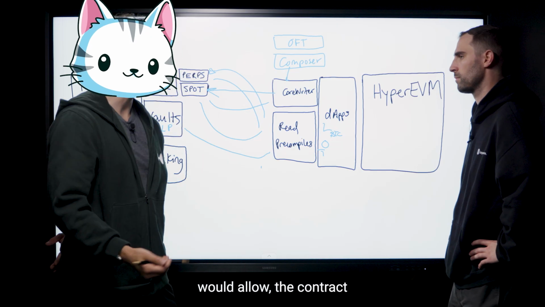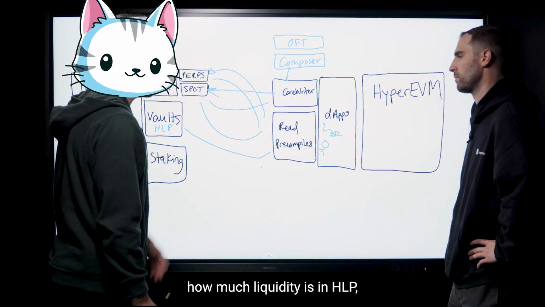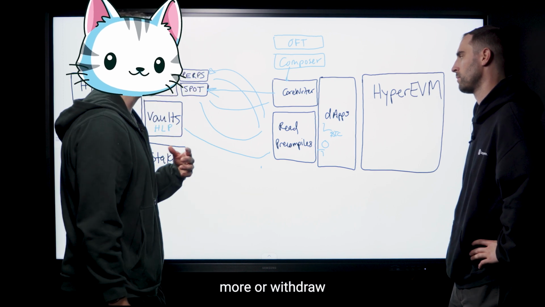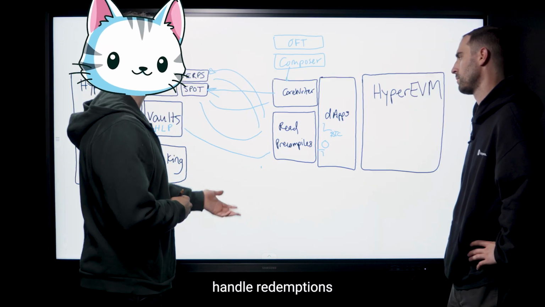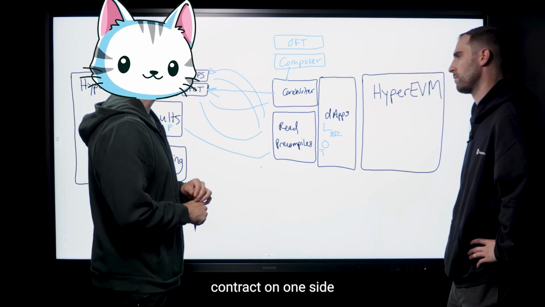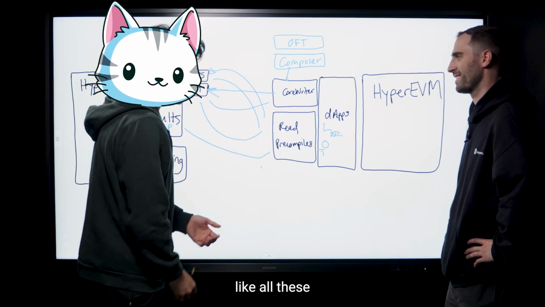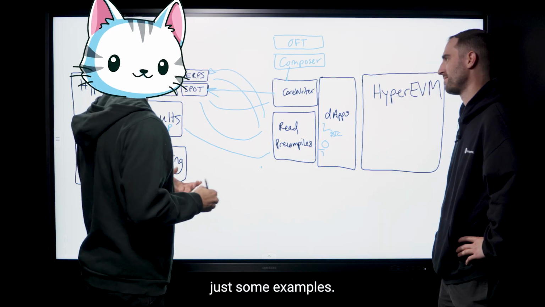The read precompile would allow the contract to know, for example, how much liquidity is in HLP, how much it has deposited, and the core writer can deposit more or withdraw and send back to the protocol that is tokenizing, and then can handle redemptions through that smart contract on one side. Can keep going on all these different things that can be expanded on, but these are just some examples.